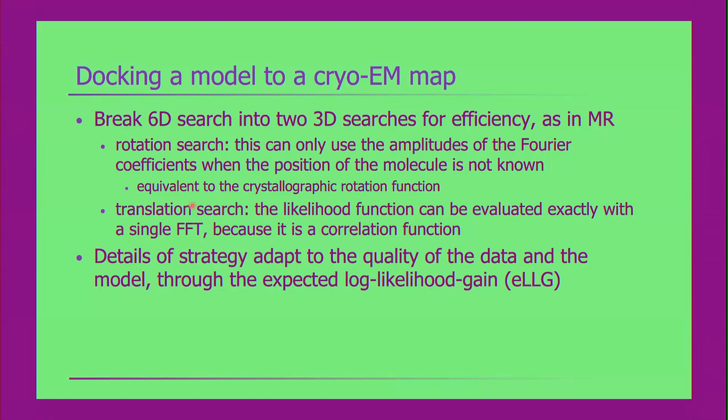Now the rotation search, when you don't know the position of the molecule, you don't know the phases, so it just uses the amplitudes. That means it's equivalent to the rotation function we use in crystallography, and we could just reuse the code that we had for that. The translation search turns out to have a likelihood target that can be evaluated exactly with a single FFT for all translations, because it's basically mathematically a correlation function.